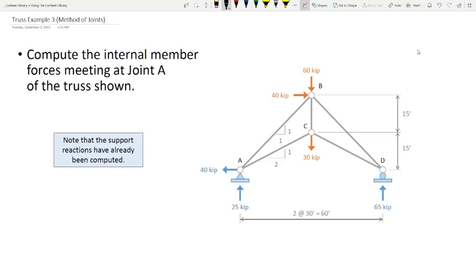There's kind of some problems with solving this truss by hand, because if we look at joint B and joint C, we can't solve those joints automatically. There's too many unknowns. And if we look at joint A and joint D, there are 2 unknowns.